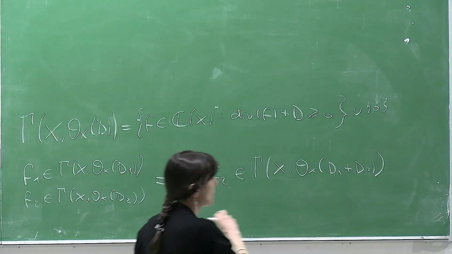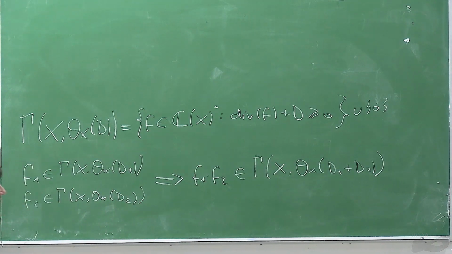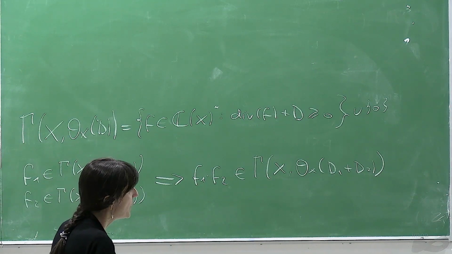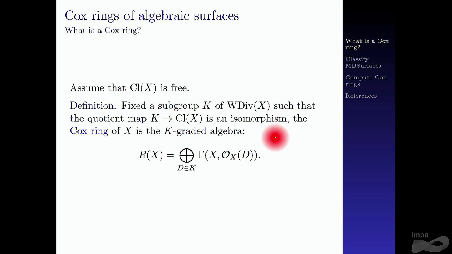For this reason, the Cox ring is actually a K-graded algebra, so the multiplication is compatible with the grading. From now on, we will usually say that an element in one of these vector spaces is a homogeneous element, and we will say that D in K, or its class in the divisor class group, is its degree. So the degree of homogeneous elements is the class there.